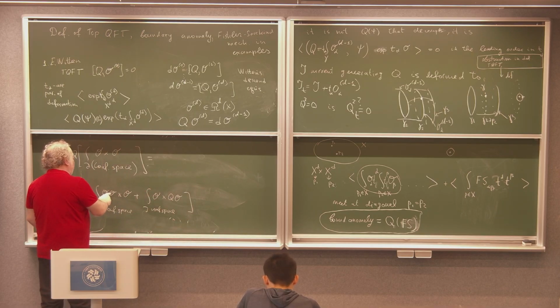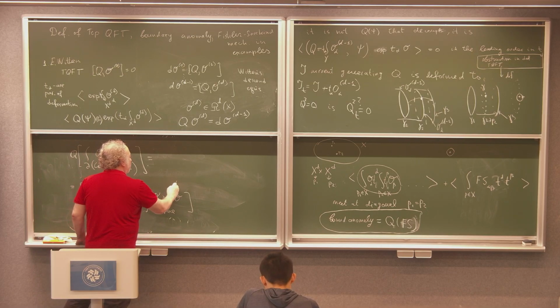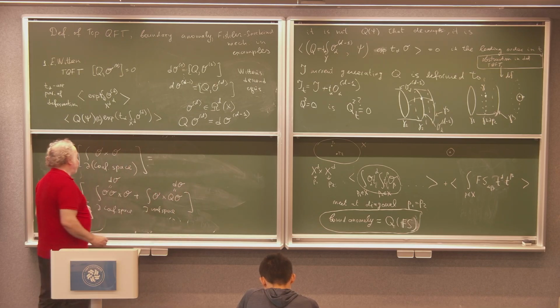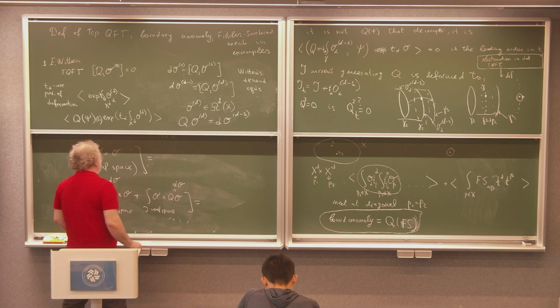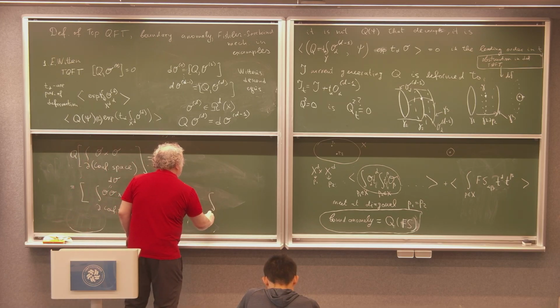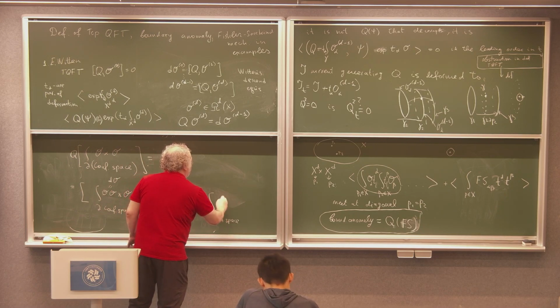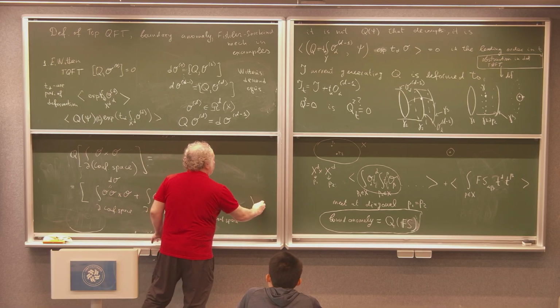Now, Q applied to O is actually D applied to O. And the same is here. So altogether, you have the integral over the boundary of configuration space of D of something. And this is definitely equal.